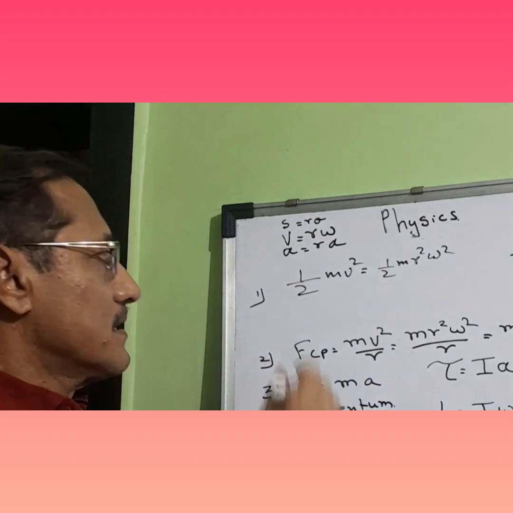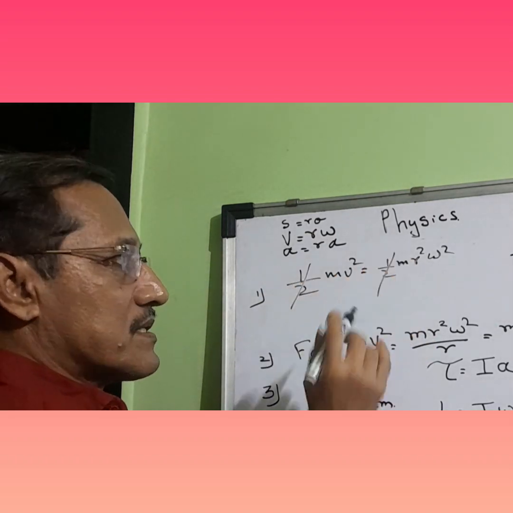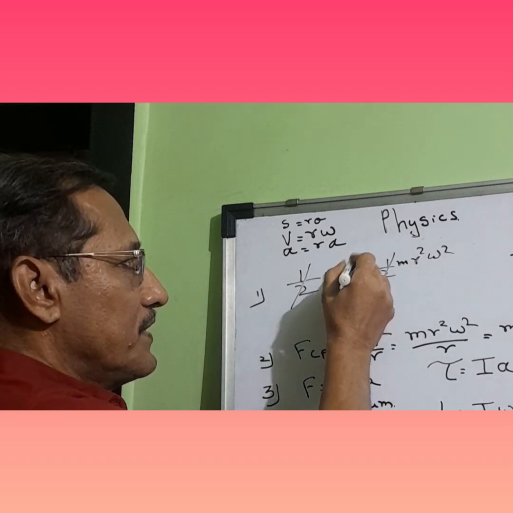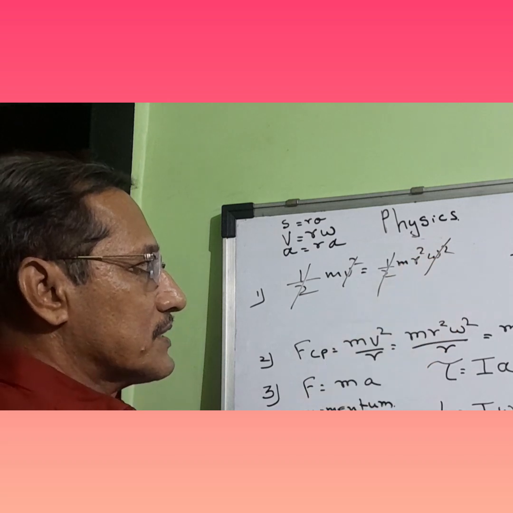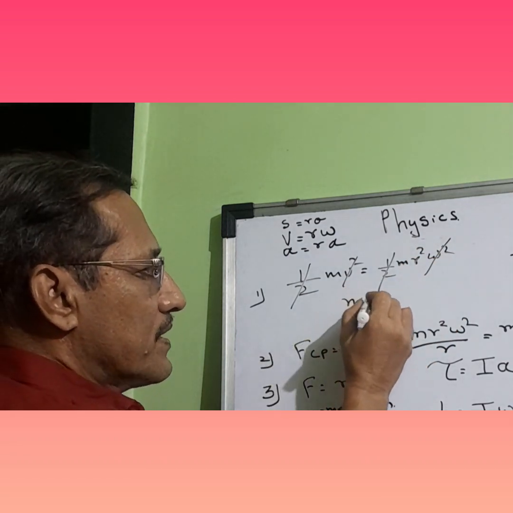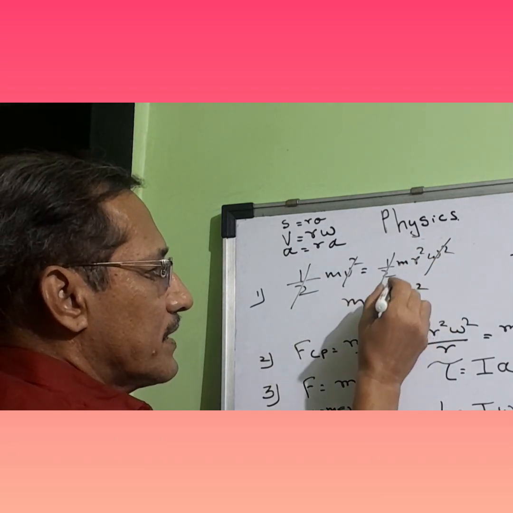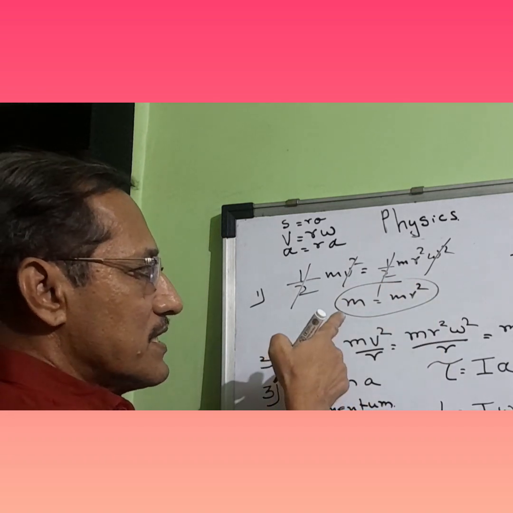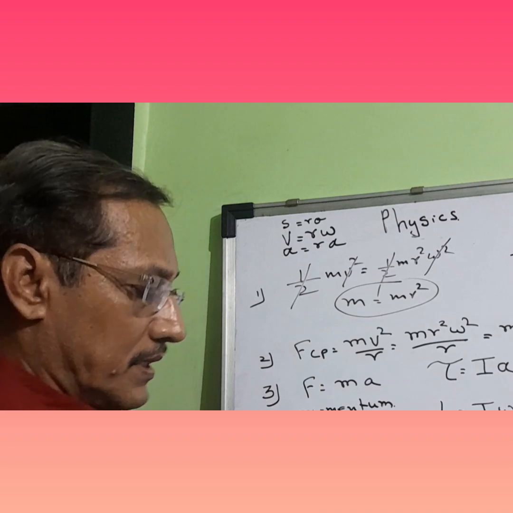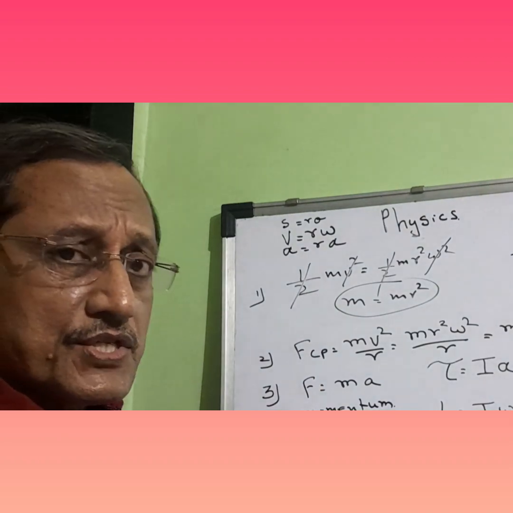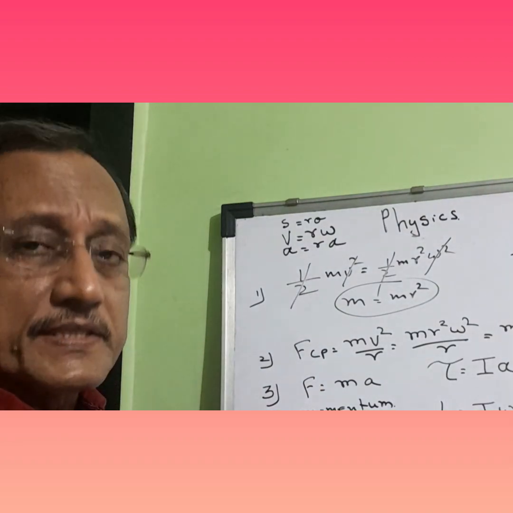Now in this case we find this identical: linear velocity v square is equivalent to angular velocity, so m is equal to mr square. We get translational mass is equal to rotational mr square. Now mass we know is inertia, it cannot move by itself.